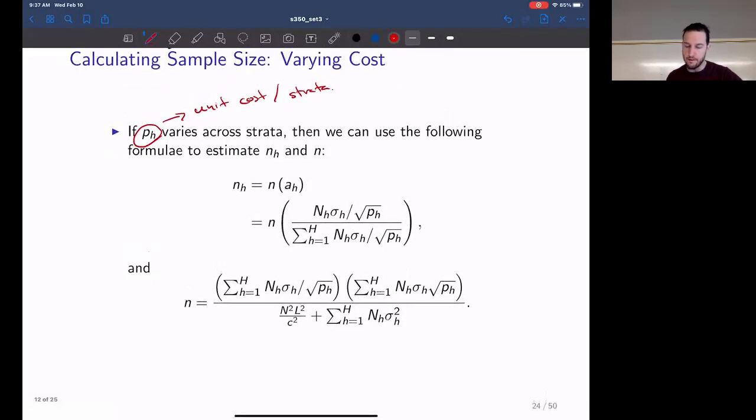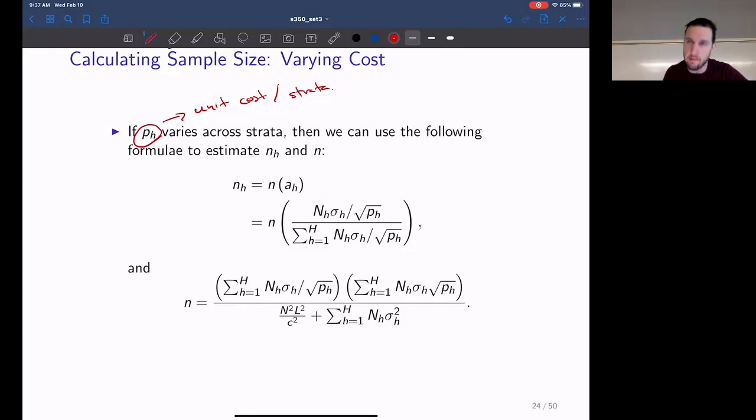So here we would have little n_h, the sampled number of observations within each strata, equal to little n, the overall sample size, multiplied by a_h, where a_h is just a ratio of N_h multiplied by sigma_h divided by the square root of the cost, over the sum.